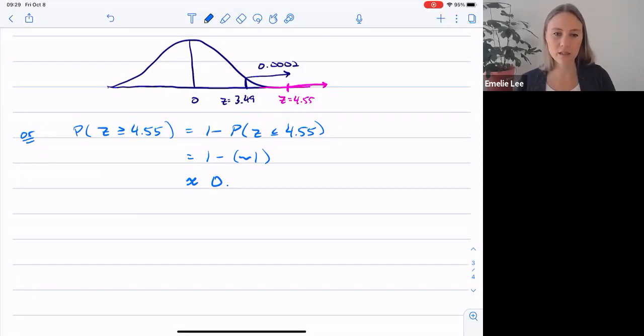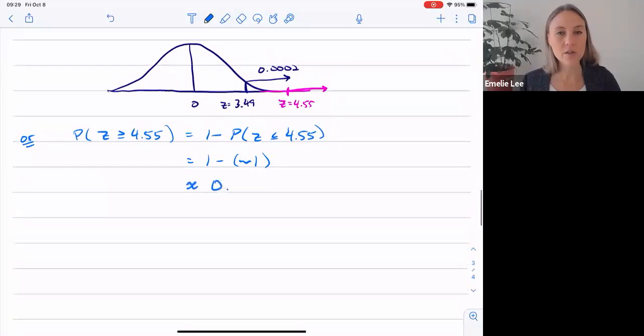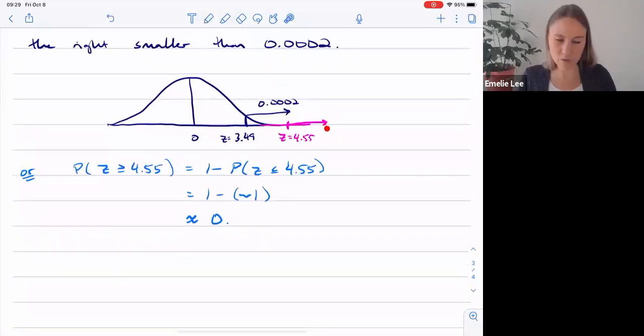Even if you find a Z score that's way out here in the tail, then you can just say it's less than 0.0002 or approximately 0. Is that what you mean?